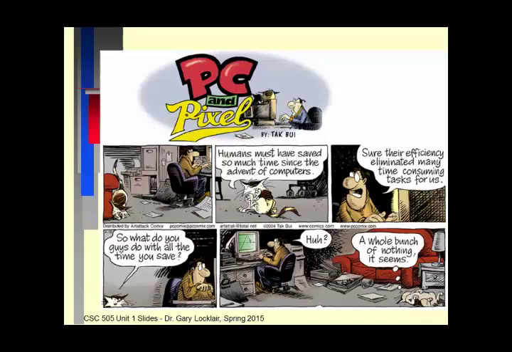Did that work? No. What happened? More work. What's the reward for a job well done? More work. It's true, we did get more done. We could get our job done faster, but guess what? The work expanded.